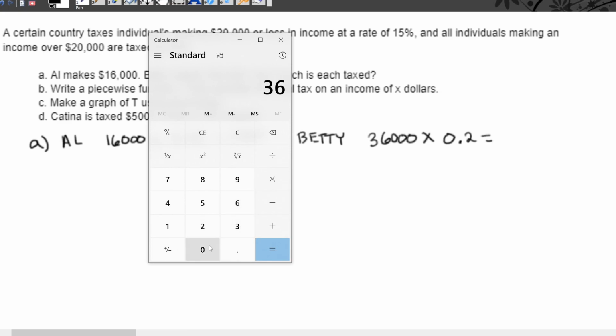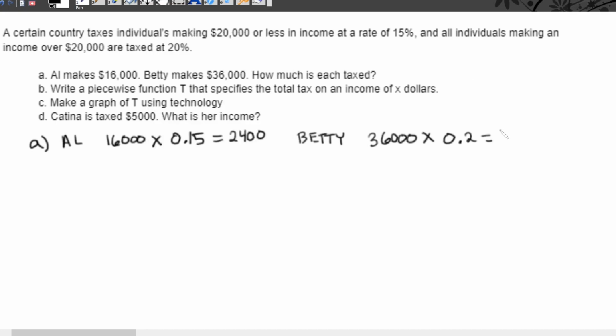So 36,000 times 0.2. So Betty's going to be taxed $7,200. Quite a bit more than Al.